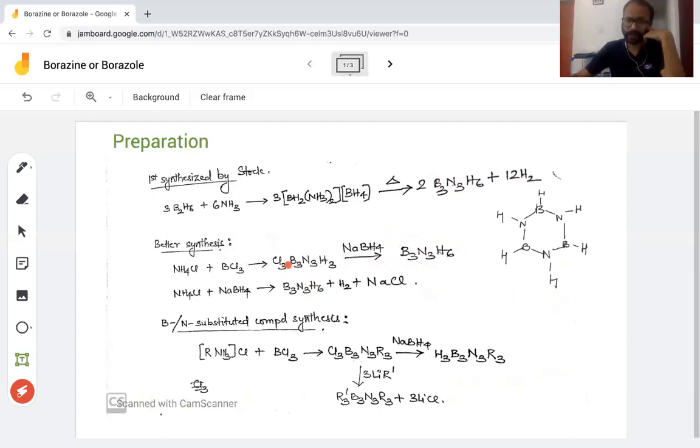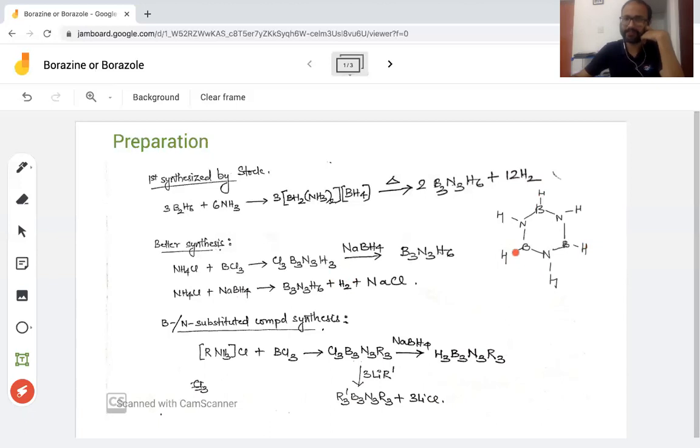Now, you can do substitution also. If you have Cl at these boron ends, you can treat it with any organometallic reagent like methyl magnesium bromide. The chlorine gets substituted with methyl, so you get methyl substituted Borazine.